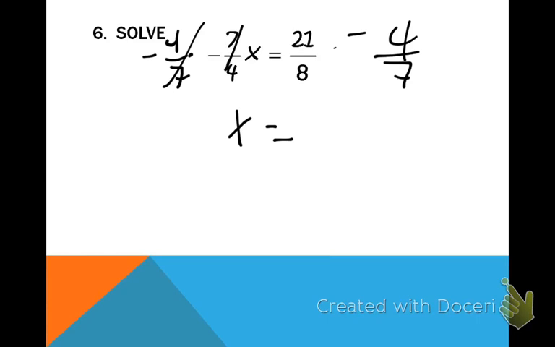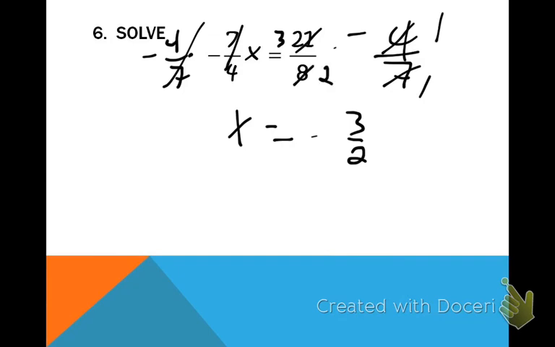Okay, good. Now you have to find a way to multiply these two out. Adam, what do you get when you multiply these two fractions out? Negative 3 over 2. Because 7 goes into 7 once, 7 goes into 21 three times. We can cross simplify. 4 goes into 4 once, 4 goes into 8 twice.